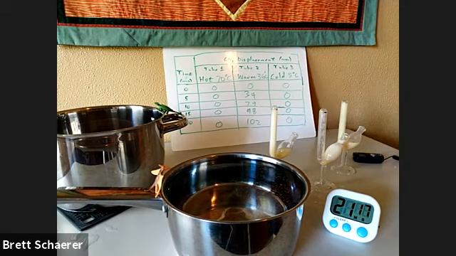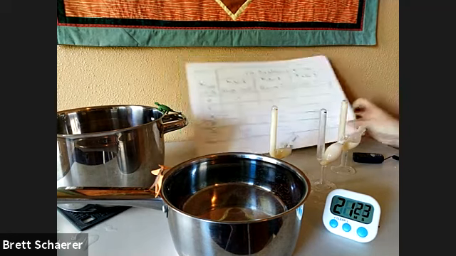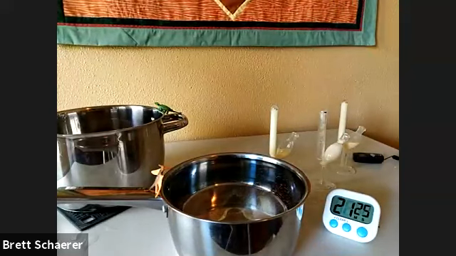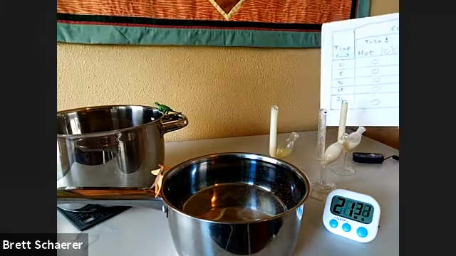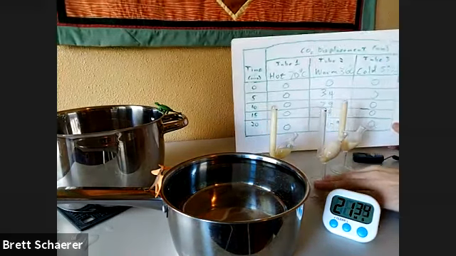All right, so that is our data. The one questionable thing is whether or not we can trust this reading of 102. And a little asterisk next to that, so we remember that that is a questionable reading.